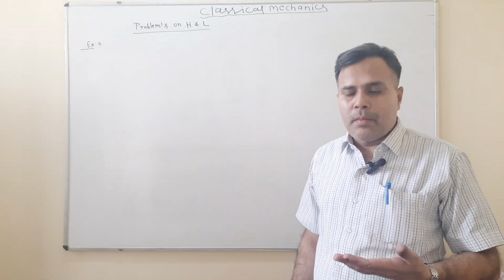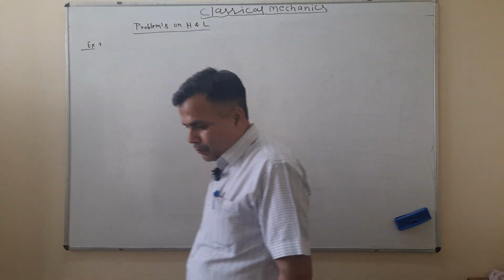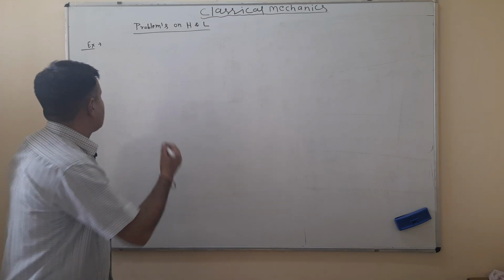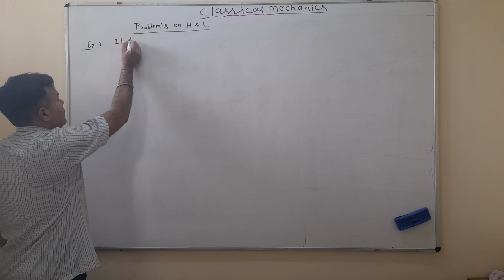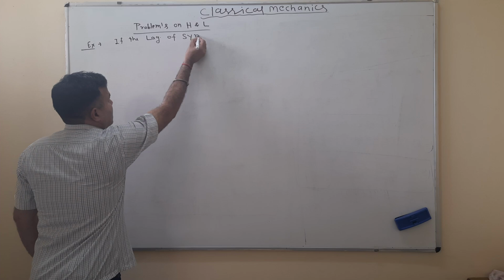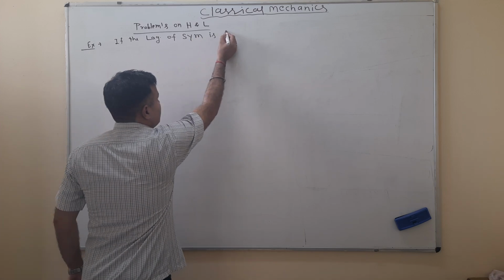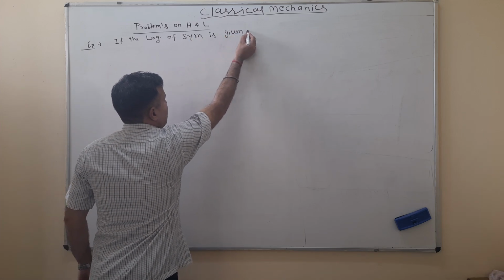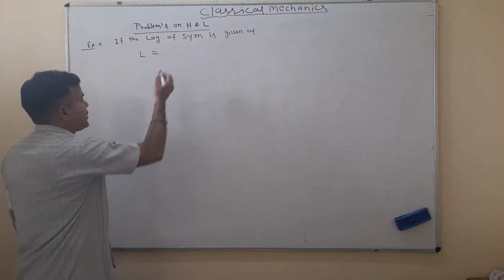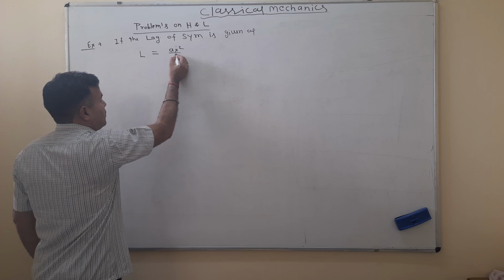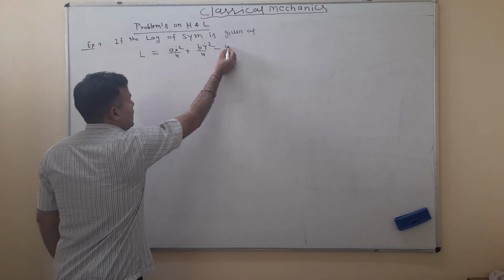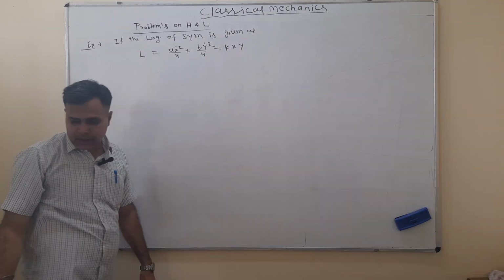motion? Suppose we have an expression of the Lagrangian of a system, given as L equal to a x dot square by 4 plus b y dot square by 4 minus k of xy.